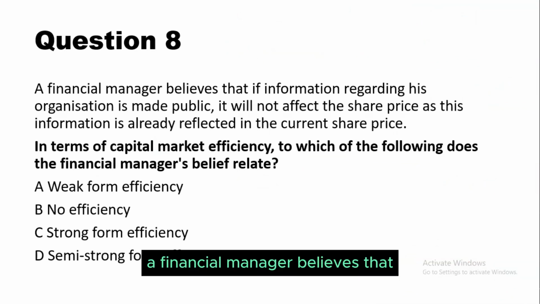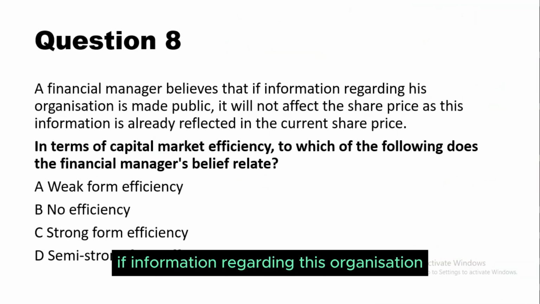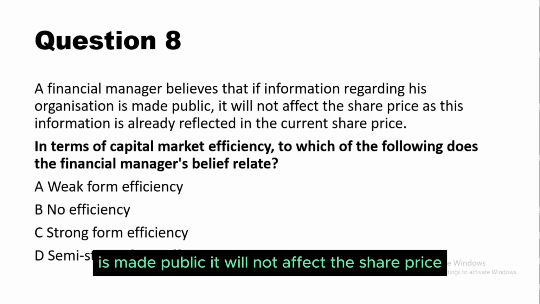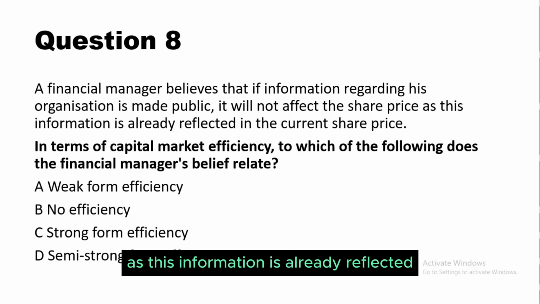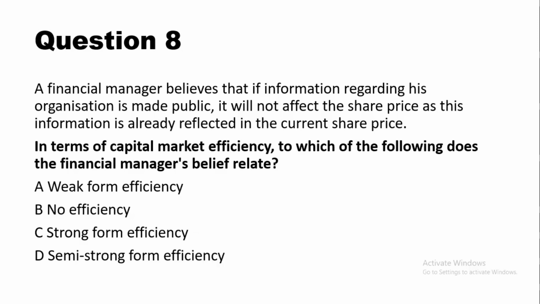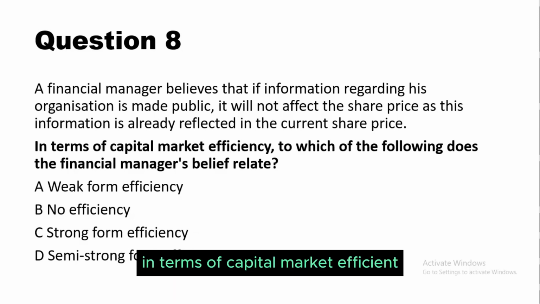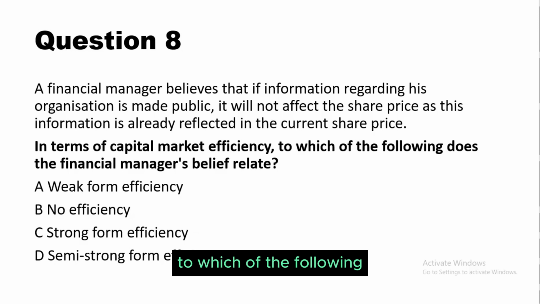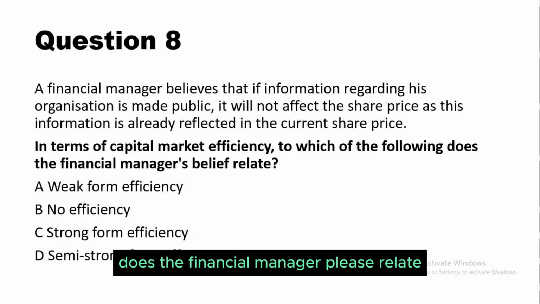A financial manager believes that if information regarding his organization is made public, it will not affect the share price, as this information is already reflected in the current share price. In terms of capital market efficiency, to which of the following does the financial manager's belief relate?